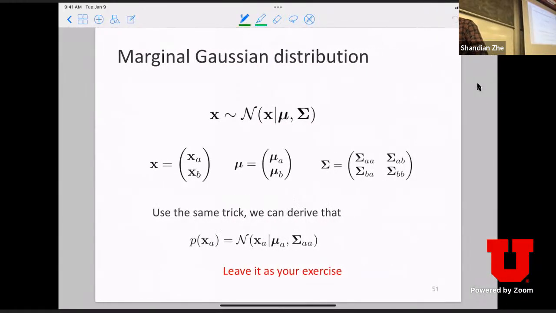Now with the same trick, you can show that the marginal distribution of XA will be Gaussian, with mu A and sigma AA determined by mu A and sigma A accordingly. I will leave it as an exercise for you. I highly recommend you practice this completing the square trick because it's really useful in probabilistic modeling.